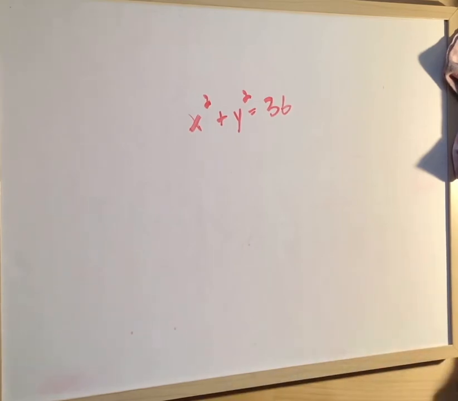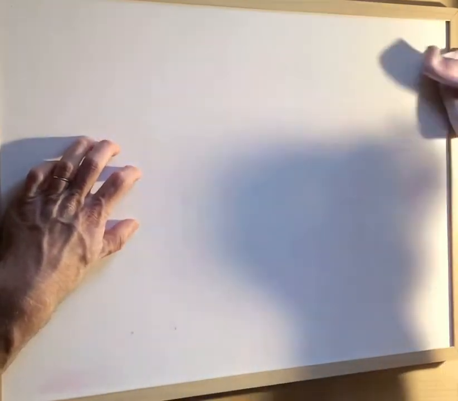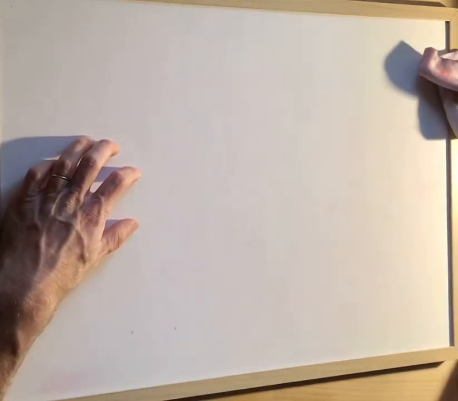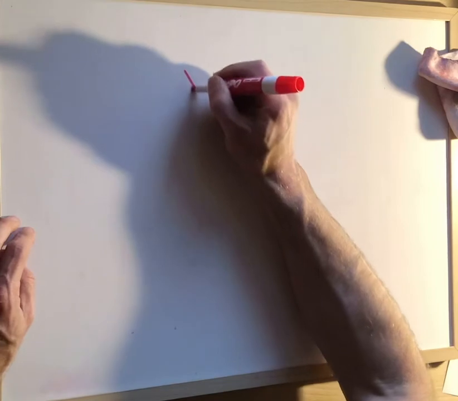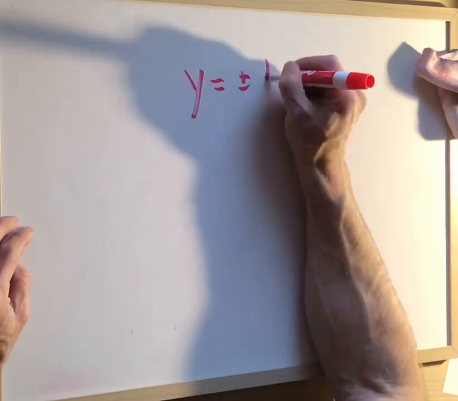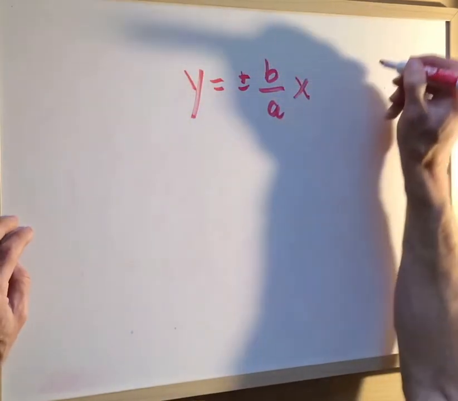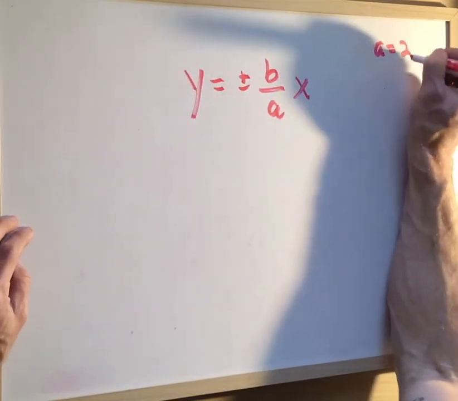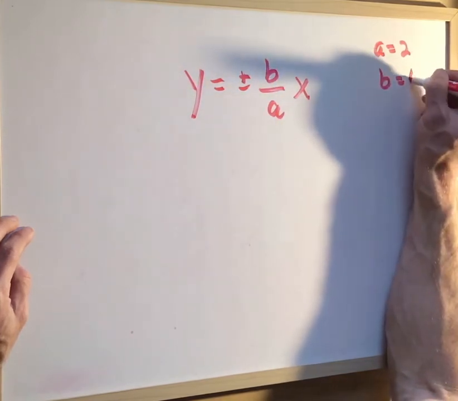For 23, all right, let's get into 23. Remember, whenever your x is first and your y is negative, it's going to give you a line of plus and minus b over a x. Now your a is equal to the square root of 4, and your b is equal to the square root of 16, which is 4.